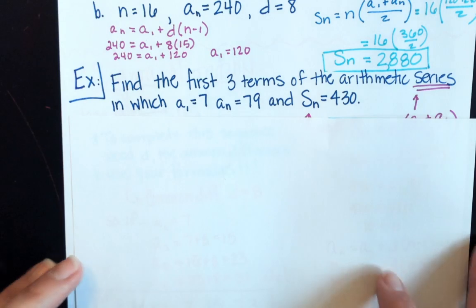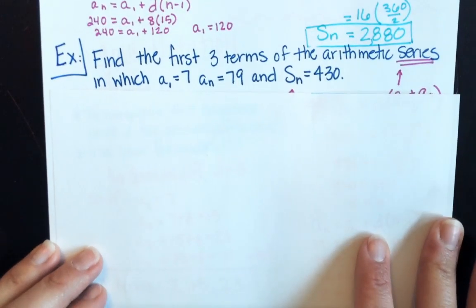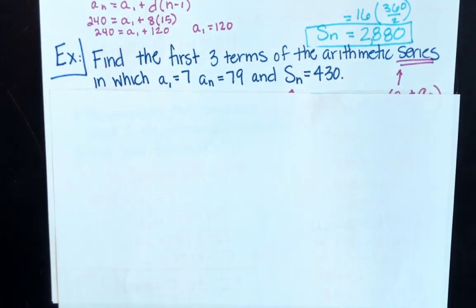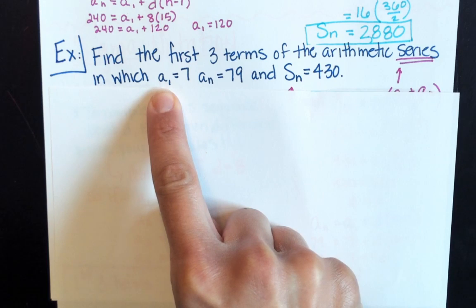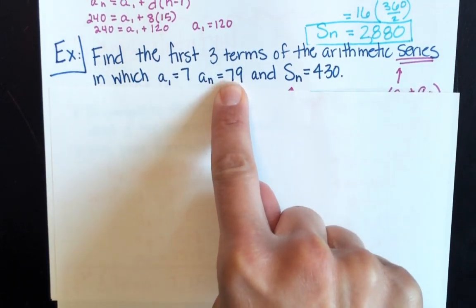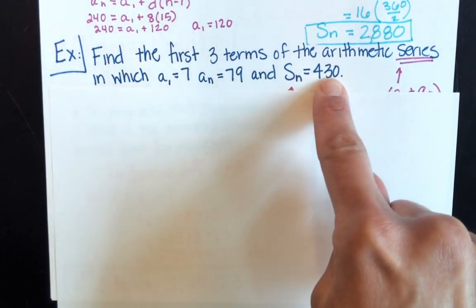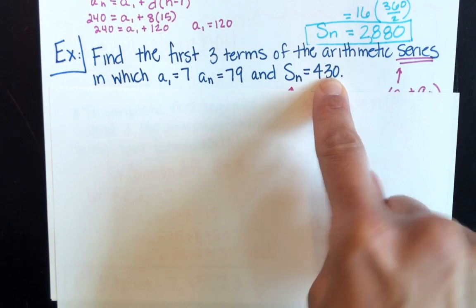So, find the first 3 terms in this arithmetic series, in which the first term is 7, the last term is 79, and now the sum is 430.